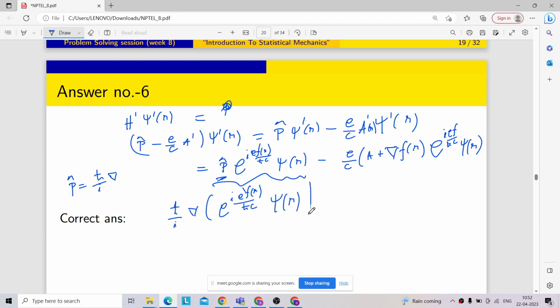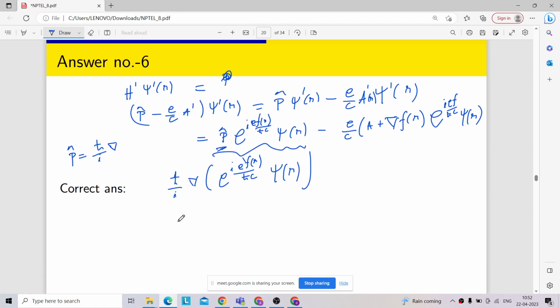I am taking only the first term, right? Now this gradient is nothing but del over del r, so it's a derivative with respect to r. I have to apply the chain rule, because this exponential function is also dependent on r.